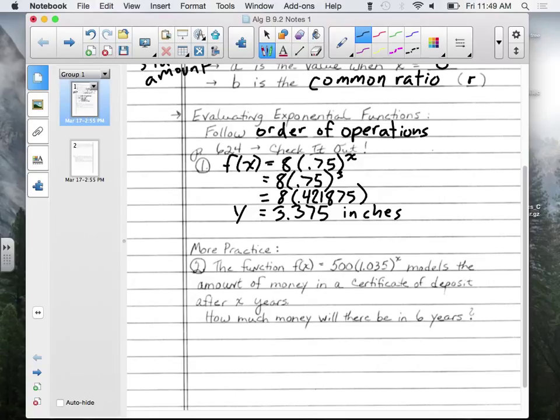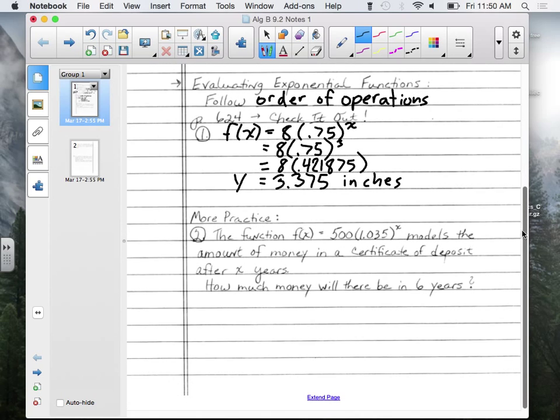If we go back to the beginning of the problem, we start with a picture that has a width of 8 inches. We reduced it by 25% 3 times, so now its new width is 3.375 inches. All right.